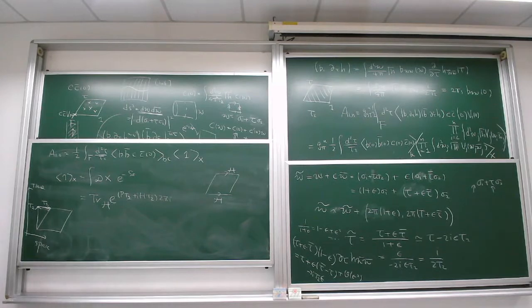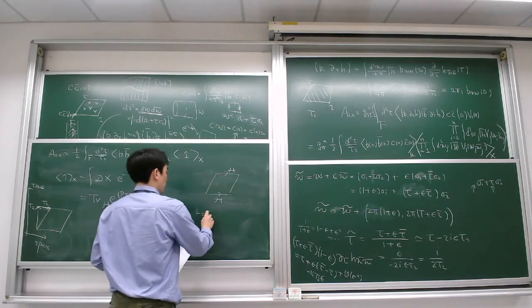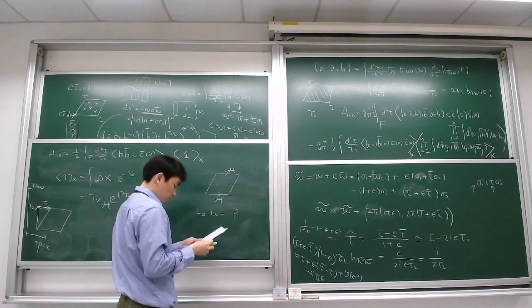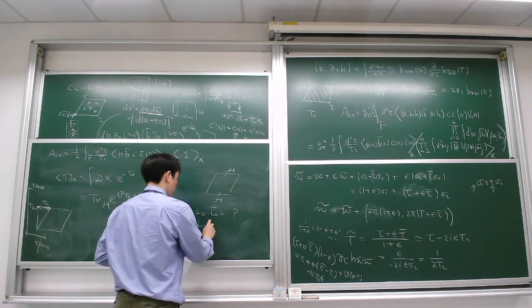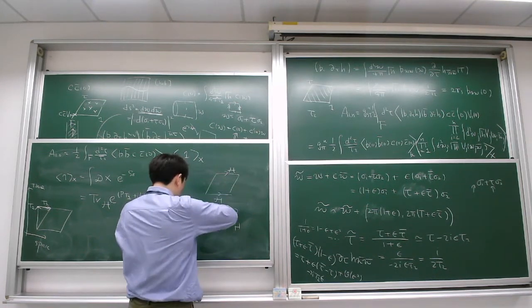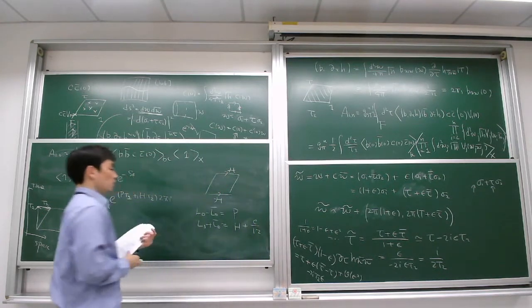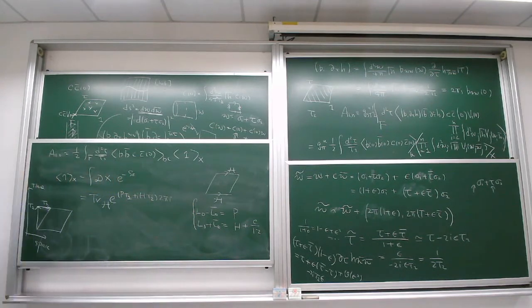We remember that L0 minus L0 bar is proportional to momentum, and L0 plus L0 bar is proportional to the Hamiltonian plus the Casimir energy. This is the relation between the zero modes of the Virasoro generators and momentum and Hamiltonian.